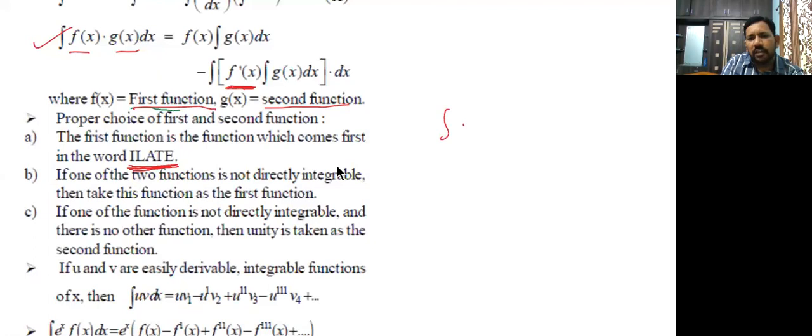For suppose integration log x. Derivative of log x formula is there. Integration log x, there is no formula. Here only a single function is there. At the time, take unity, 1 into log x, like this. At the time, logarithm is the first function. 1 means this is algebra, this is the second function.